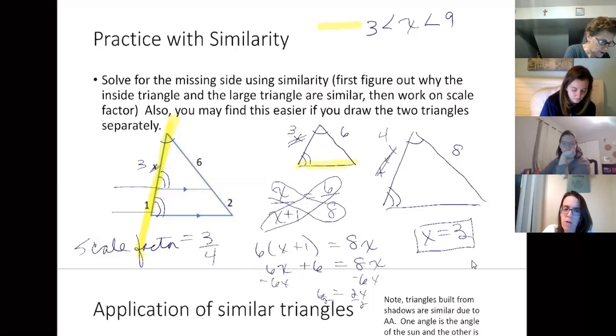And then this other side here will be less than 12, but greater than 4. So maybe you can just play around and figure out the scale factor. That would be one investigative way to figure that out.